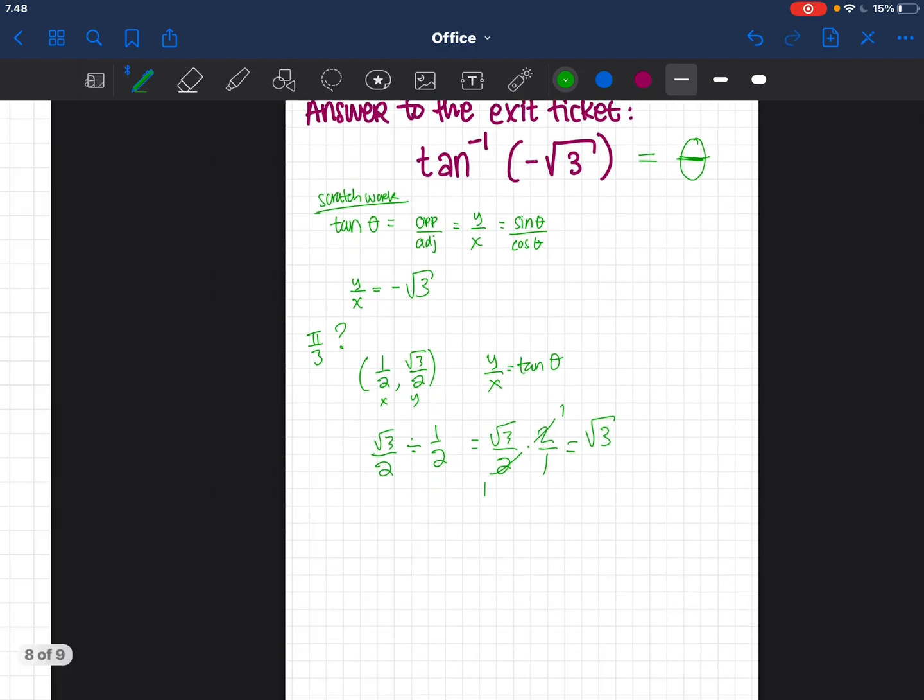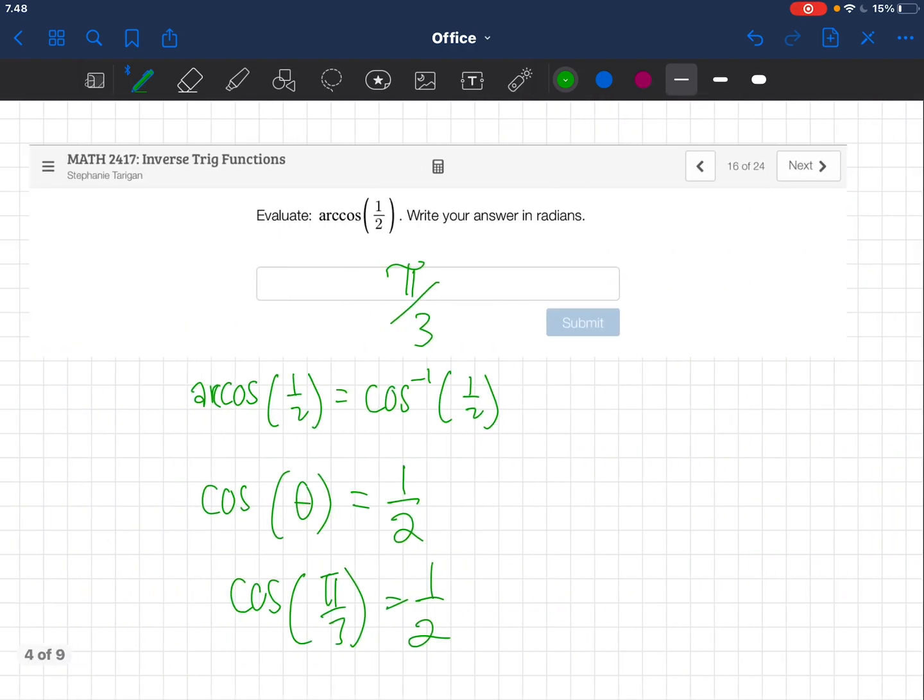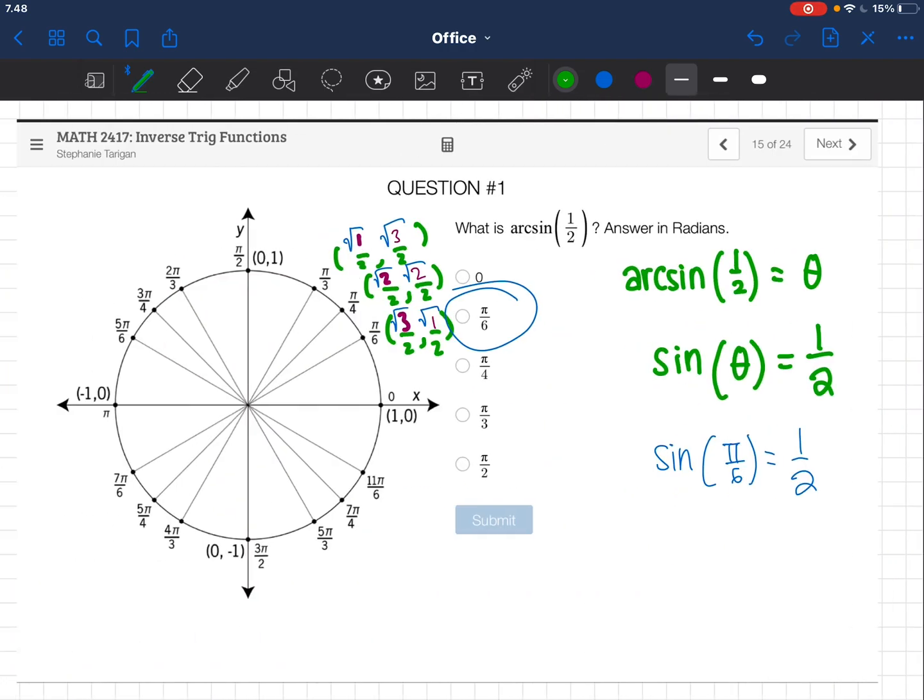So we need to find again in what quadrant. We're interested in the pi over 3's, right? But which one? In what quadrant is either x or y negative? Did I say coordinate?